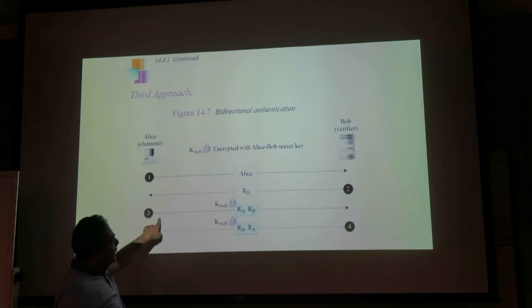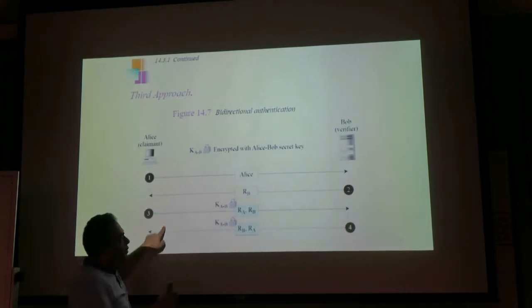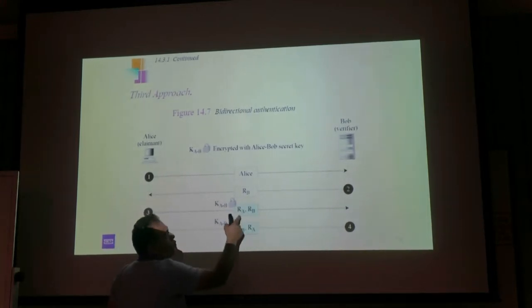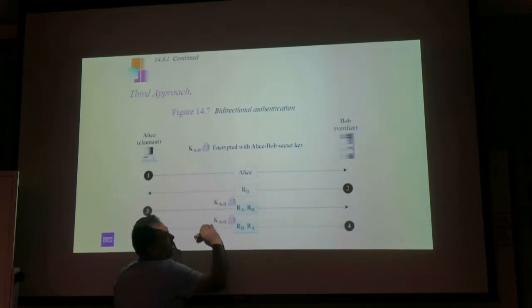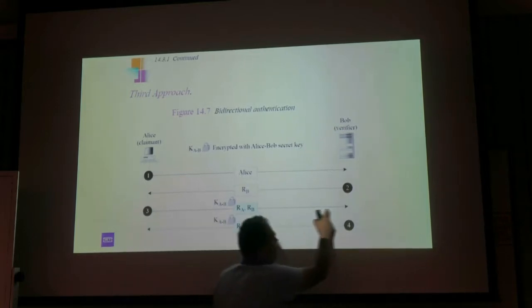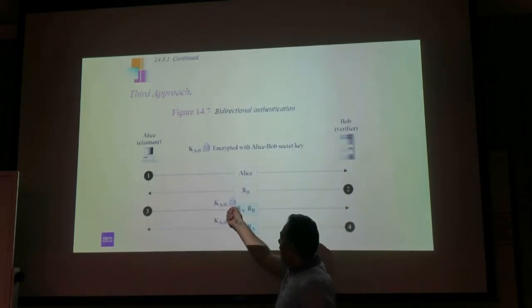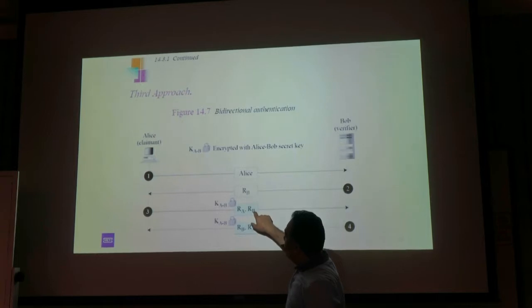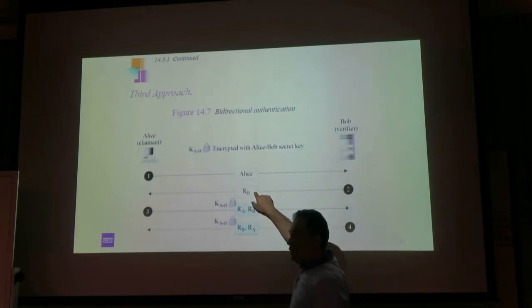Then Bob sends two things: the RB received and the new nonce RA, and both are locked. Alice uses the key and gets the RB which was sent before. If they are the same, that means it's truly Bob.